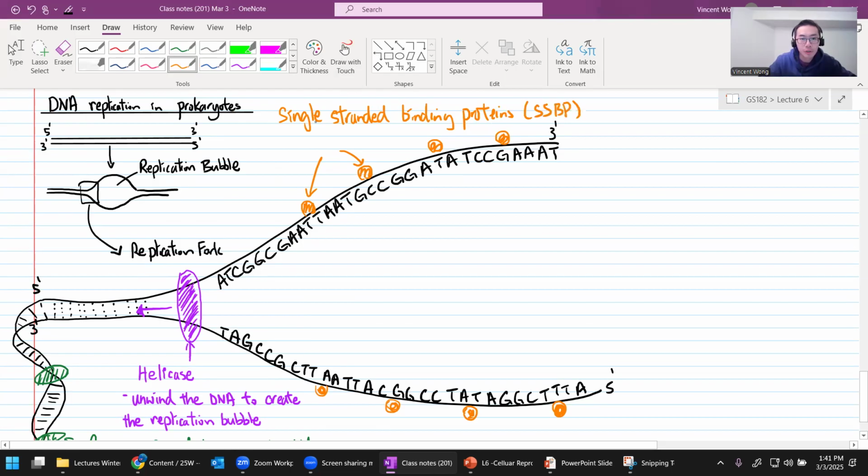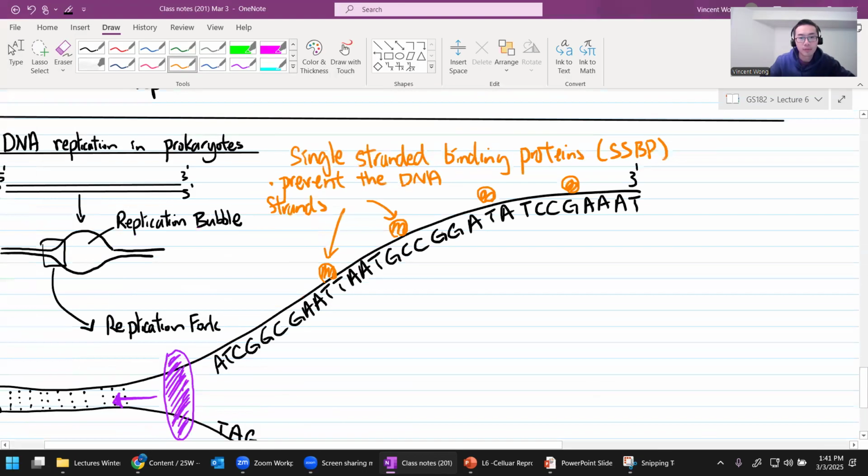SSBP for short, and they prevent the DNA strands from coming back together. Okay.